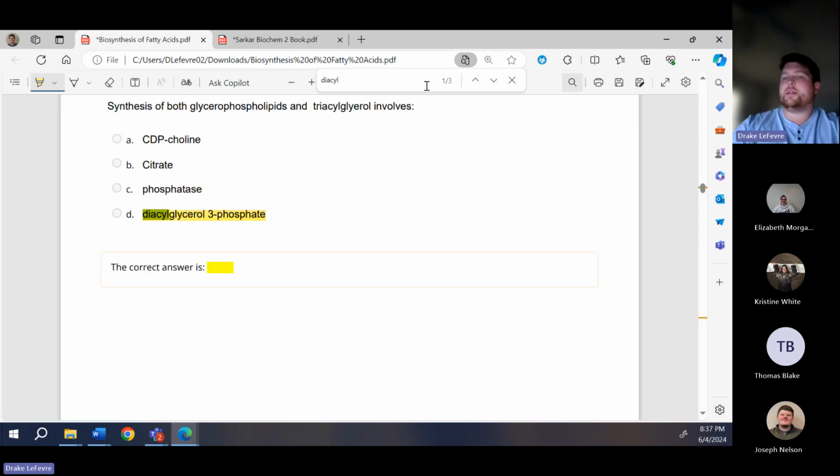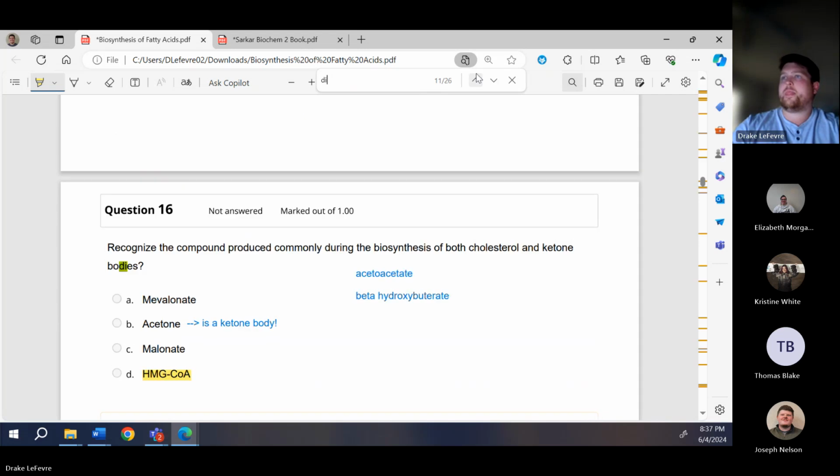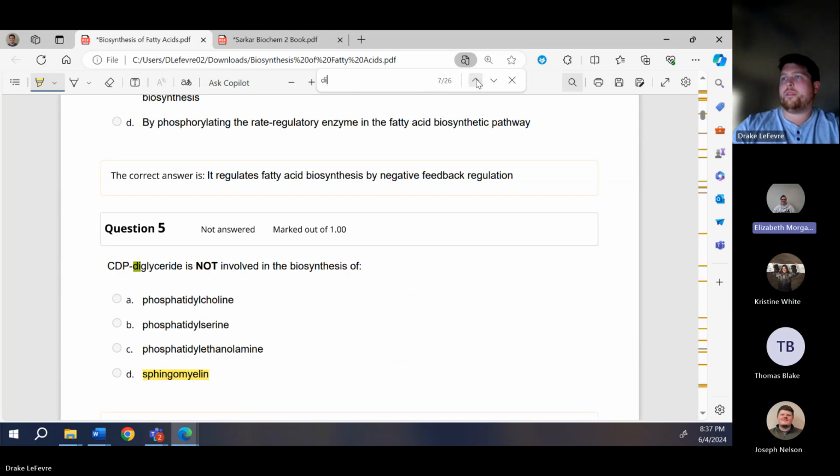What did they call it? Was that the diacylglyceride one? Yeah, diglyceride. Remember, -ide and -ate are essentially the same thing, just chemically slightly transitioned.